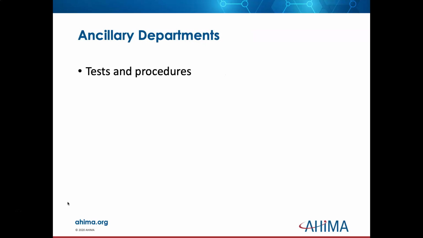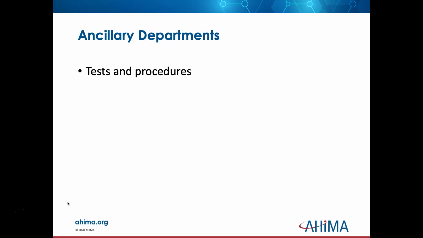Tests and procedures are always included when you have your ancillary department visits, like lab-only visits or x-ray only visits, or I'm sorry, I should say radiology only visits, or you have like respiratory therapy, you go in for a pulmonary function test.